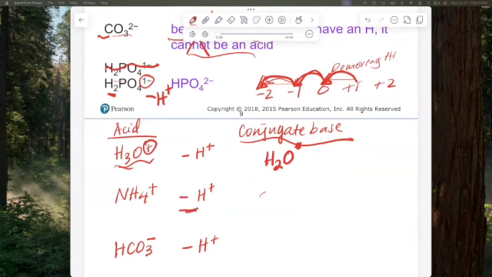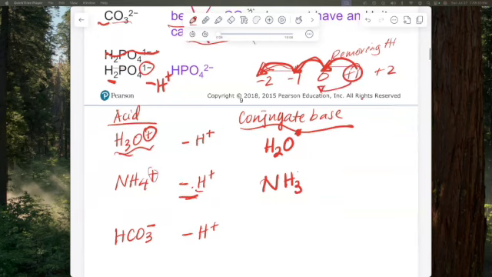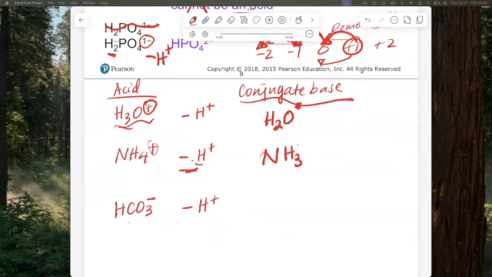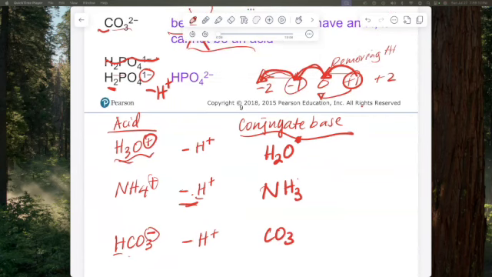This one here also, the N doesn't change. The H's, you're down to 3 because you lost 1. And then the positive that was here also gets removed, so now we're neutral. So we go from +1 to neutral, right? 0. Here also, the 1 H that we have is gone, CO3. And then we have negative, right? -1. We're going to -2, so -2.